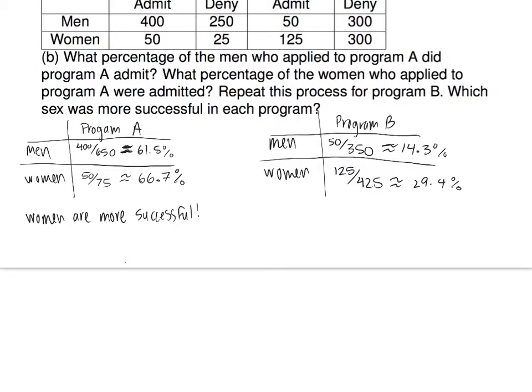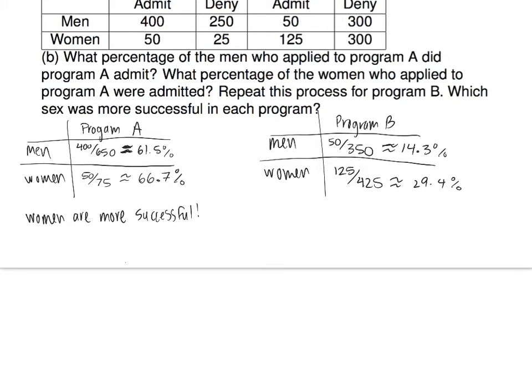I don't know if it's possible to answer this, but do you think the numbers would have been better if they had done the same amount, like I was talking about? It's completely possible the fact that there are so many men who apply to that first program and so few women is causing it. Does that make sense? And it probably has to do with just what the program is.